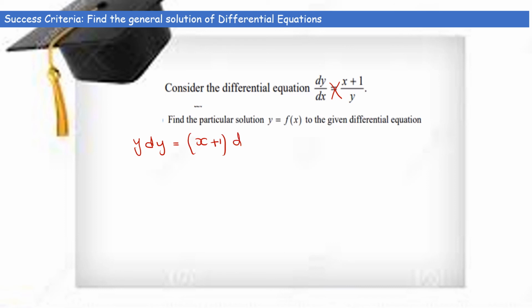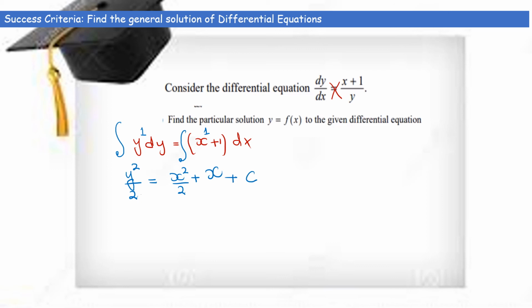So all x on one side, all the y's on the other side, you are ready to take the antiderivative. Using the power rule, y to the power 1, add 1 in the power, so you will get y square over 2 equals, same power rule applies here, so x square over 2 plus x, because here you are going to apply the constant multiple rule, plus c.